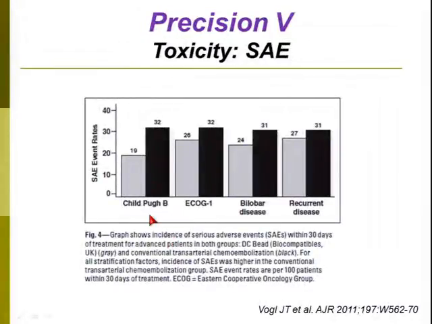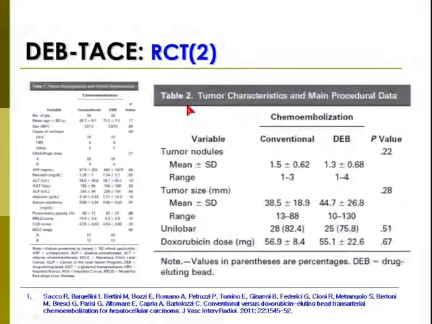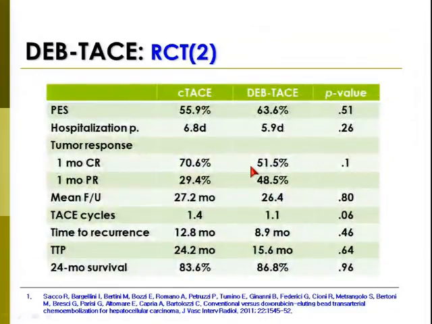And in advanced disease like this, serious adverse events were significantly higher in conventional TACE. There's another RCT. It's a pretty small single-center study. 67 patients were randomized to 2 groups. Post-embolization syndrome was quite similar. Hospitalization period was about 1 day shorter in DEB-TACE, but 24-month survival was the same.